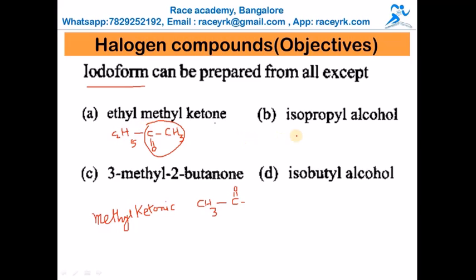Even if they give an alcohol, see the second one, isopropyl alcohol. As you know, isopropyl alcohol is a secondary alcohol. Here we have CH on the middle carbon, and on the middle carbon we have OH. So if you write the next one, 3 carbons are there, so CH3 and CH3. In this, the methyl ketone group is not there, but you can convert this into a methyl ketone group by doing oxidation.